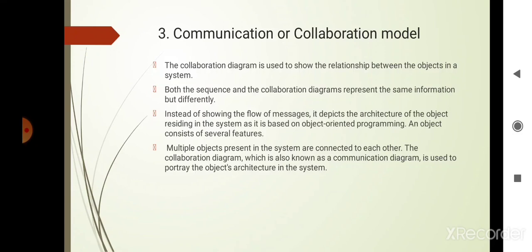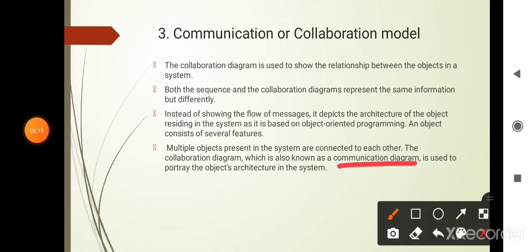Instead of showing the flow of messages, it depicts the architecture of objects residing in the system, as it is based on object oriented programming, OOP, and objects consist of several features. Multiple objects present in the system are connected to each other. The collaboration diagram, which is also known as the communication diagram, is used to portray the object architecture in the system.